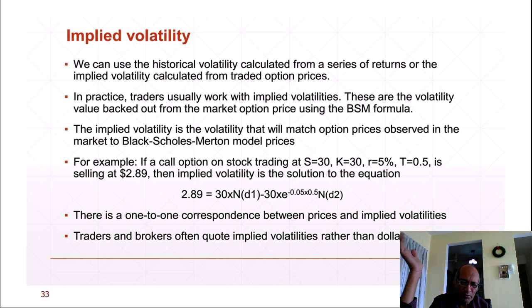There is a one-to-one correspondence between price and implied volatility. But normally in my exam questions, I don't use implied volatility. You have to use whatever value is given for the historical volatility. Traders and brokers often quote implied volatilities rather than dollar prices.